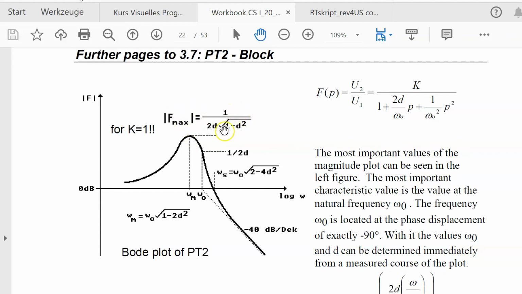It is a little bit larger because I have to divide by 1 minus d squared. But if d is small, then this is not a relevant number. And the maximum frequency is a little bit smaller than omega naught, but also this value is rather small if damping is small. 1 over 1 minus d squared, and the square root of this, is very near to 1.